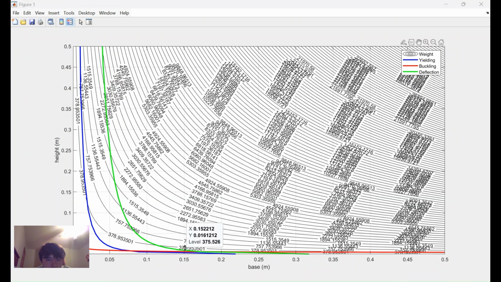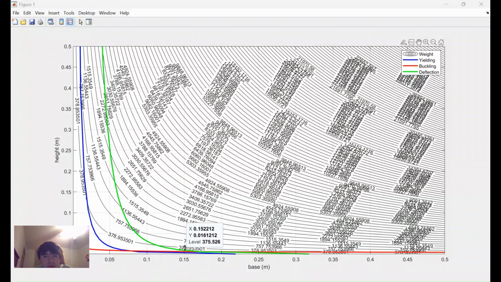Basically, just what I was saying, a good point to pick would be about a 150 millimeter base, or a 0.15 meter base, and like a 16 millimeter height. This is really just to show my plot and finish off the rest of this video.